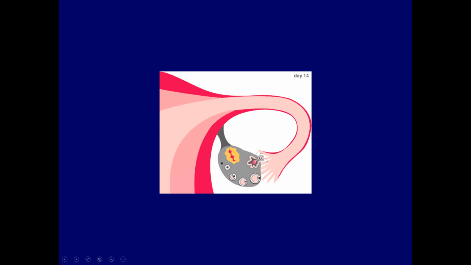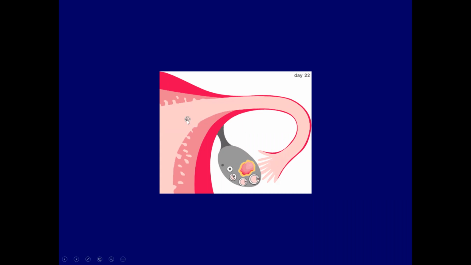When the ovulation occurs, the progesterone now will start to come, and you see a change in the composition. Now the secretory phase, more of the glandular glycogen secretion of the endometrium.